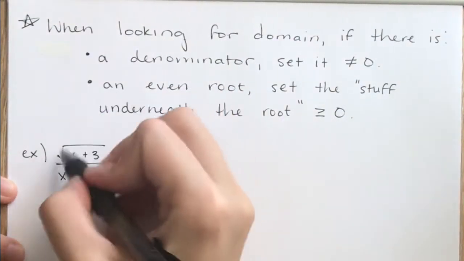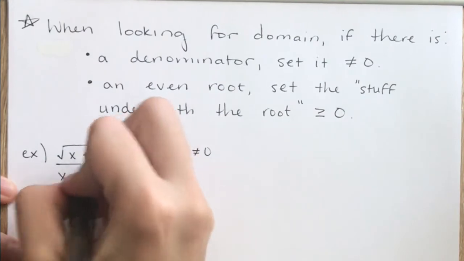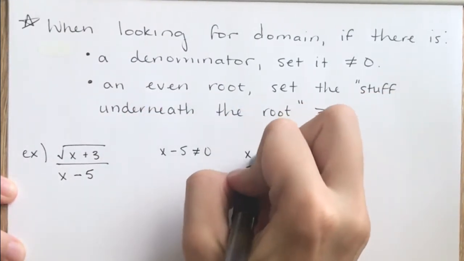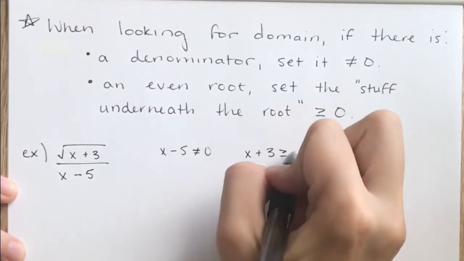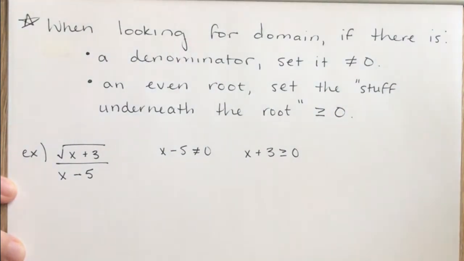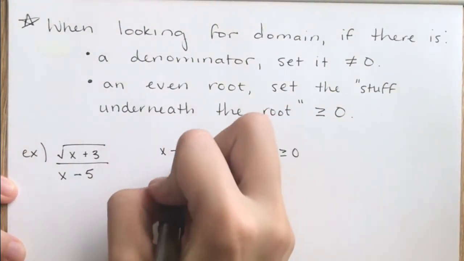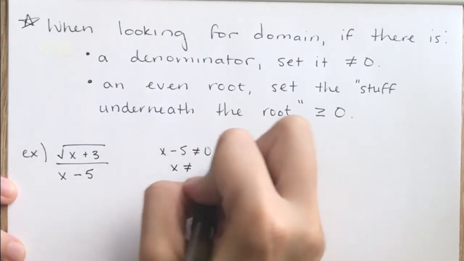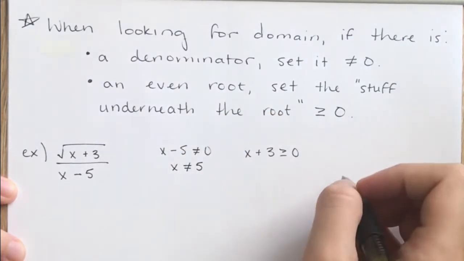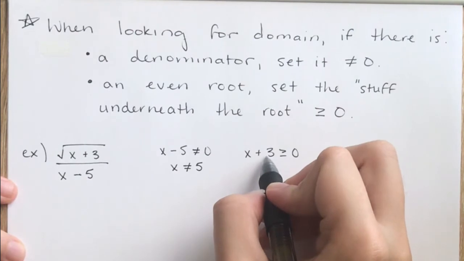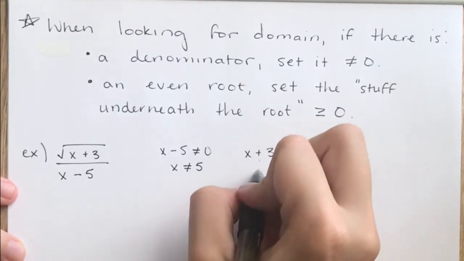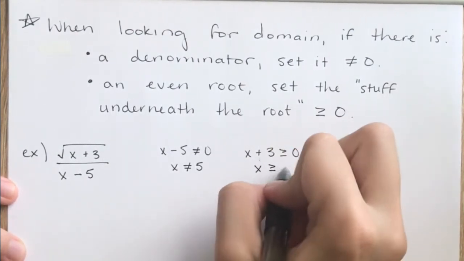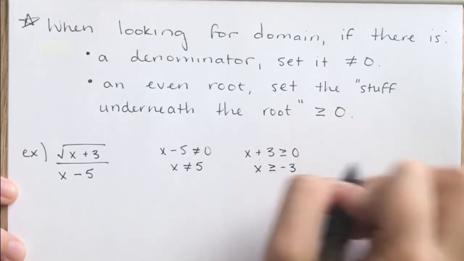And also, because we have a square root, we need to set what's underneath that square root, x plus 3, greater than or equal to 0. And solve. So here, we add 5 to both sides. x is not equal to 5. Here, we subtract 3 from both sides, so x is greater than or equal to -3.